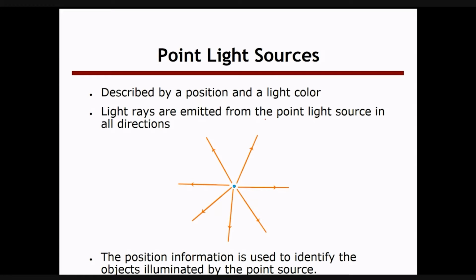It is generally used to identify the object illuminated by the point source. The position information is important in this case. If you look at a car and something is getting reflected, you would be able to easily make out that our light is falling from this particular direction at this particular stage. तो आपको पता चल जाएगा, okay, now we are getting the light from this particular direction. You can generally imagine this.